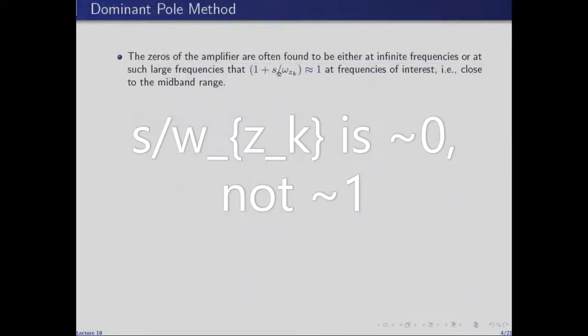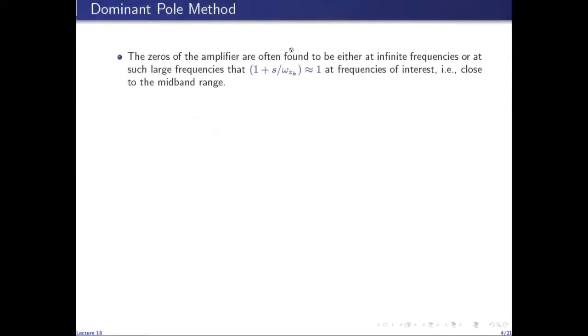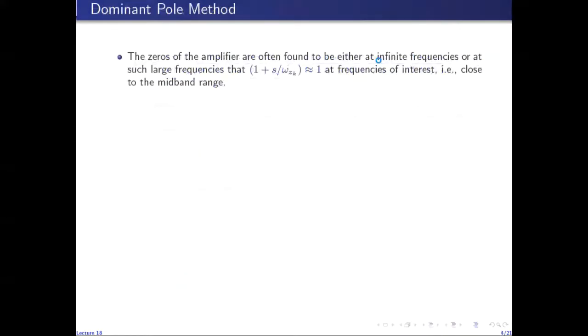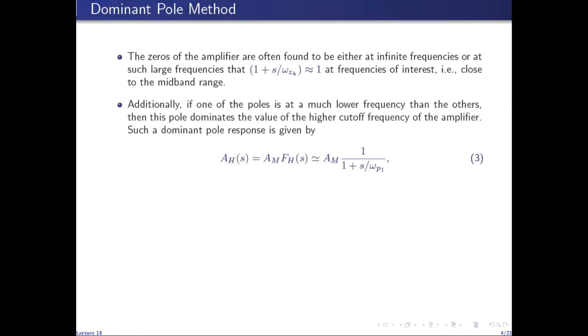So in this range of interest, S over omega zk for all k is approximately 1, because the zero frequencies are at such a large value that S over omega zk is approximately 0. So most of the times, typically we will be able to approximate the numerator of this response FH with 1. On top of that, if we have a dominant pole, that is, if we have a pole frequency which is considerably smaller than all of the other pole frequencies, then the overall response of the amplifier will be governed by that dominant pole frequency.